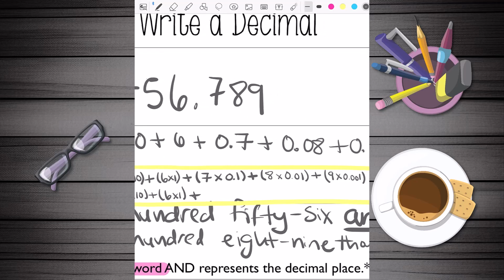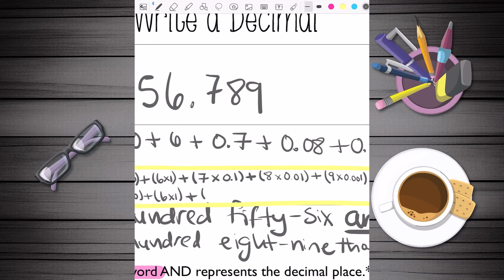We're going to write the decimals in fraction form instead. 7 times 1/10, written in fraction form, plus 8 times 1/100 in fraction form, plus 9 times 1/1,000.